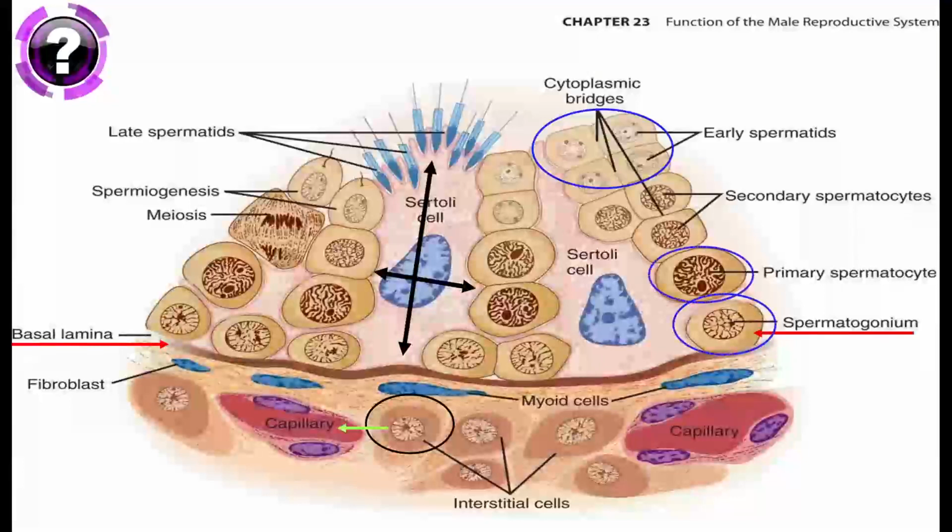It develops into the primary spermatocytes, and whenever you see a mitotic figure, then this is a primary spermatocyte.